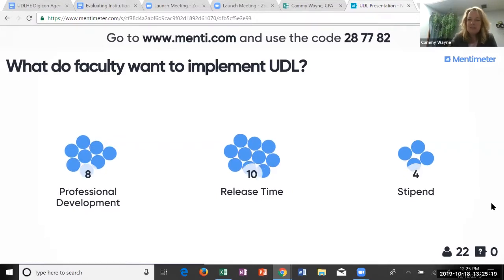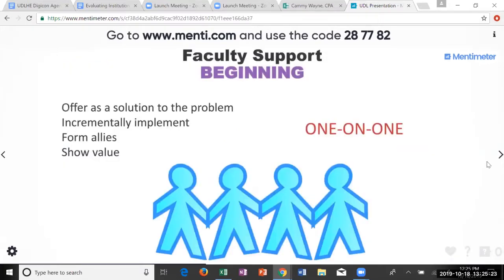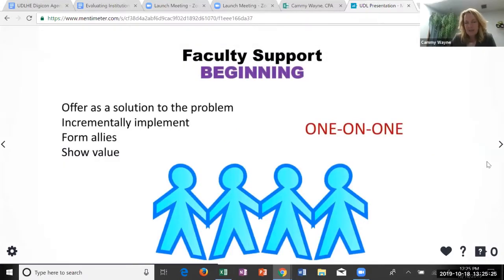All right, so let's look at this by level and look at how we can support faculty. If you're in that beginning stage, we want to maybe offer this as a solution to a problem. How many times has faculty gone to other faculty or gone to administration with a problem they're having with students?